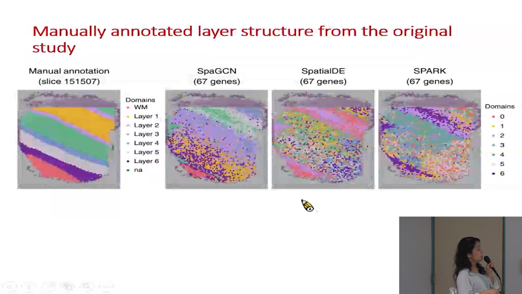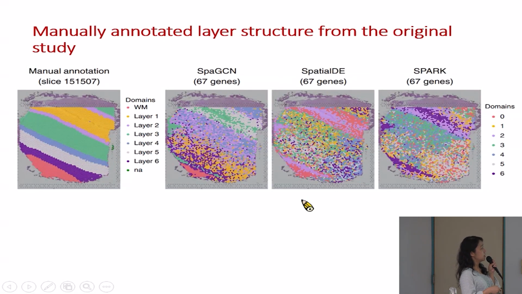And we can see that through the manual annotation of the human brain, there are several domains, and they are defined in several layers. And compared to SpatialDE and SPARK, SpaGCN shows the better annotation, and it shows several different gene expressions in different areas.